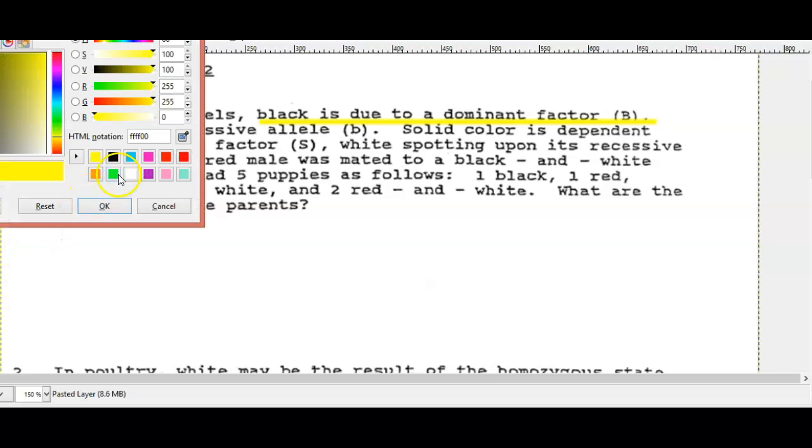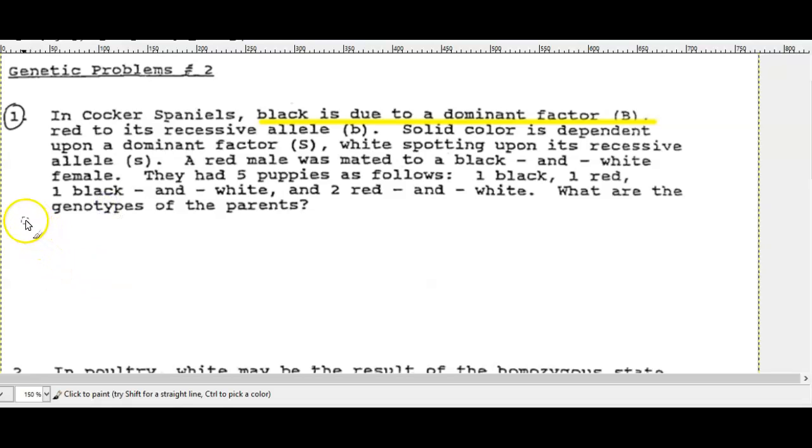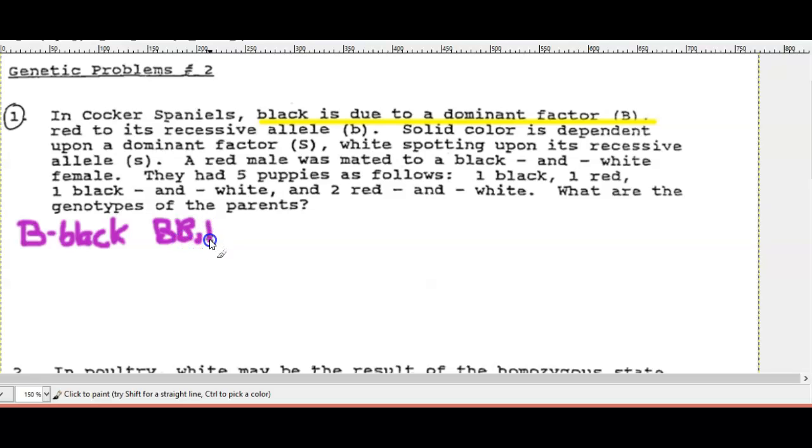So that means big B is going to be black. Big B is our dominant allele. Black is the phenotype. And if it's complete dominance, which it is, we know that they only need one big B. So it could be homozygous dominant or heterozygous.